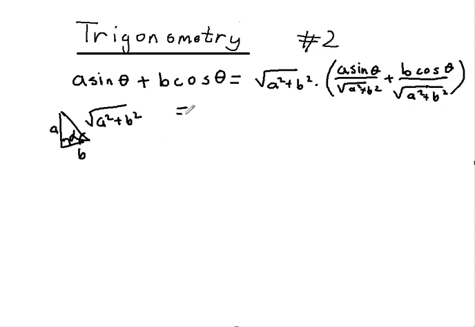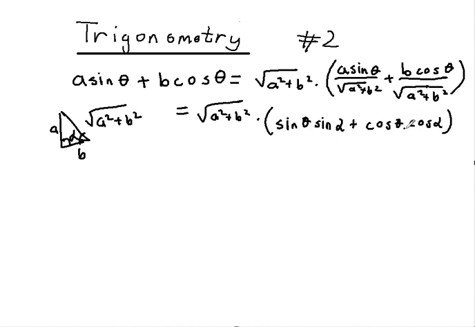And so our expression becomes root a squared plus b squared times sine theta sine alpha plus cos theta cos alpha. And we see that this resembles the cos formula, so this will become root a squared plus b squared times cosine of theta minus alpha.